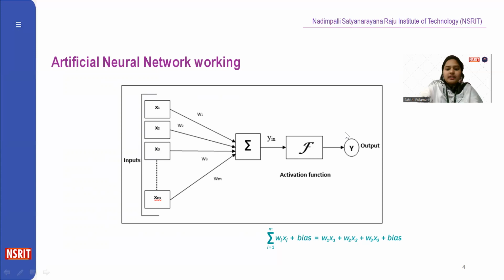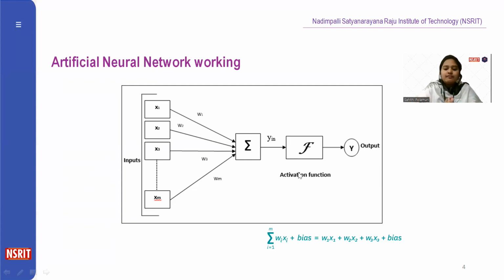After applying the activation function, then only we will get the final output. There are different types of activation functions which we'll be discussing in our next sessions. Right now, remember, to activate the final output neuron, we have to apply activation function.